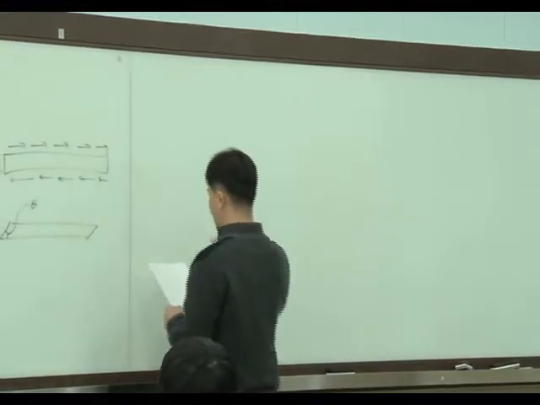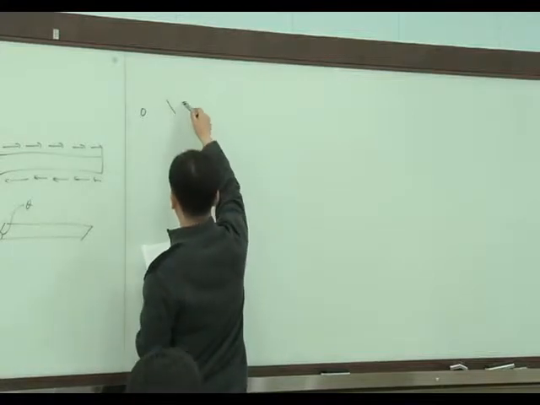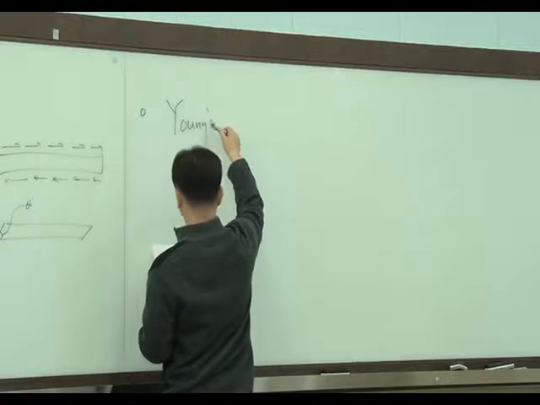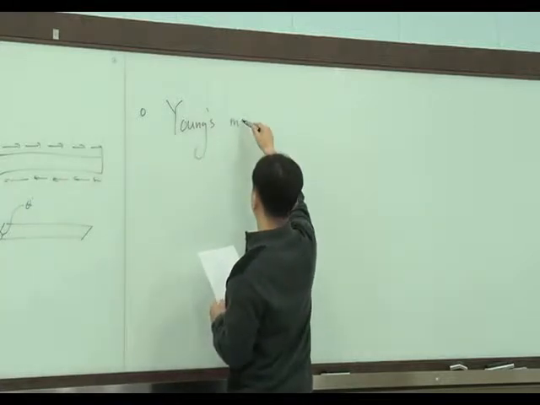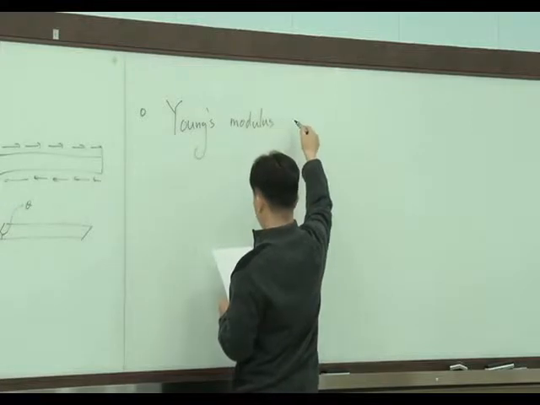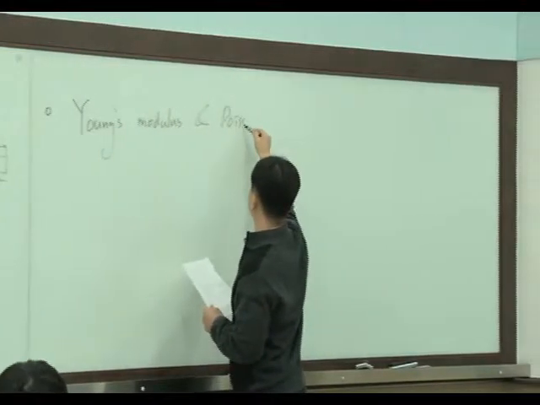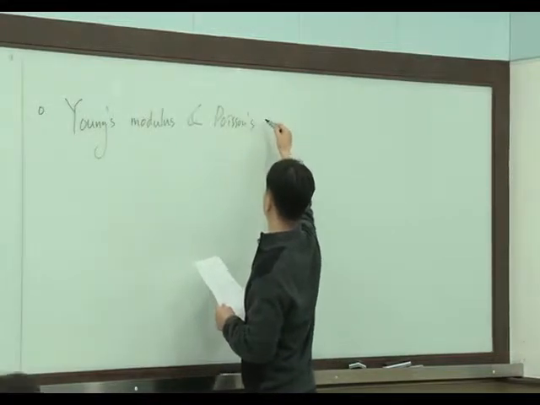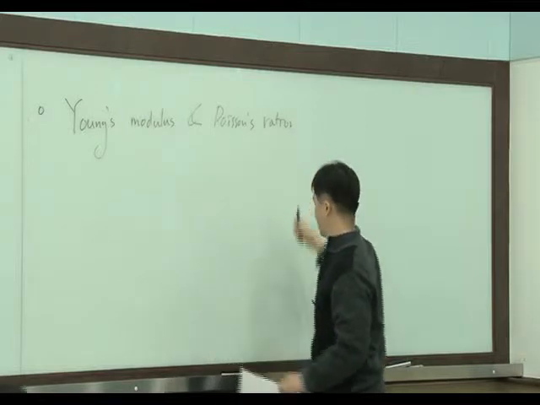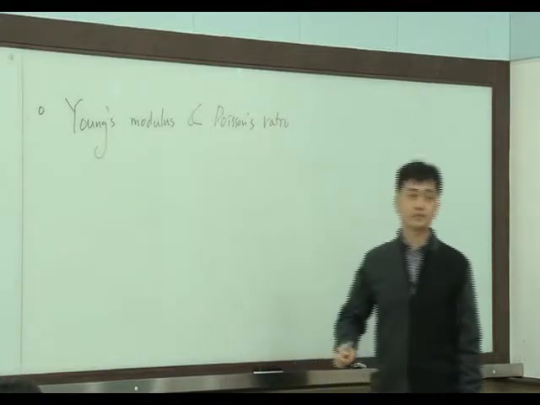And in engineering, we most frequently use Young's modulus and Poisson's ratio.